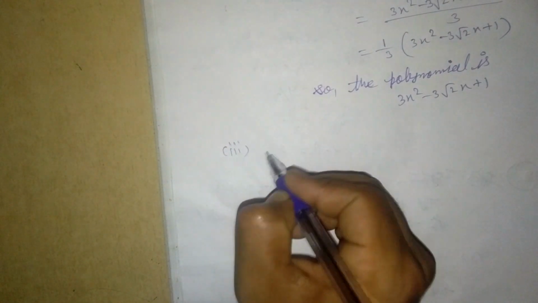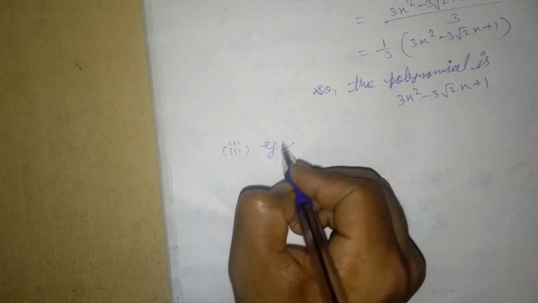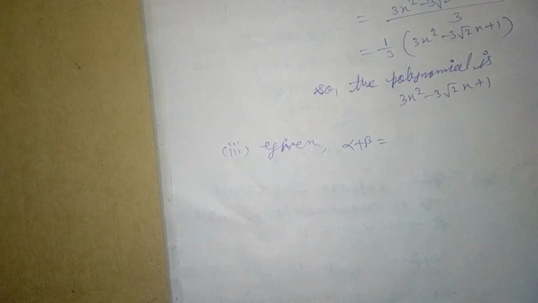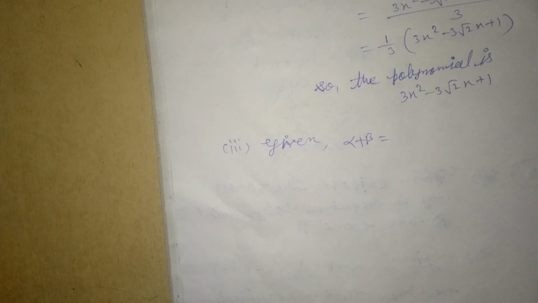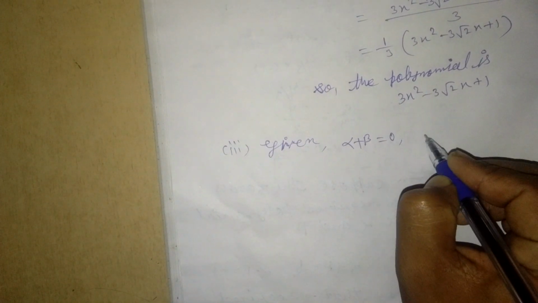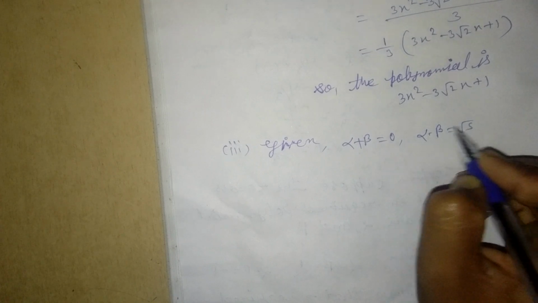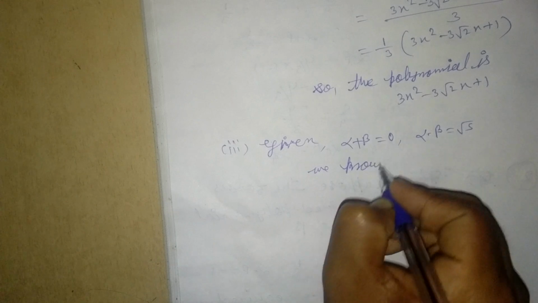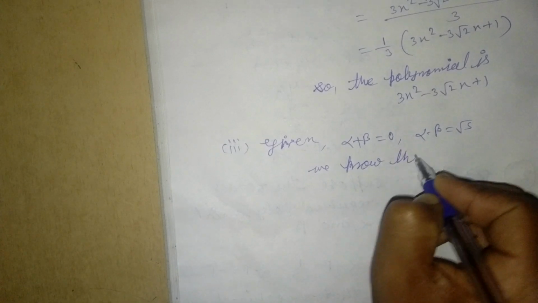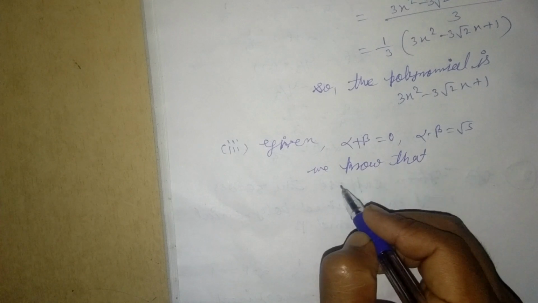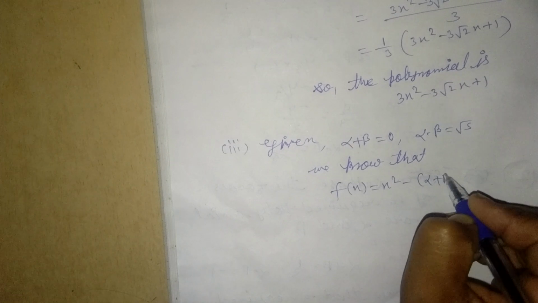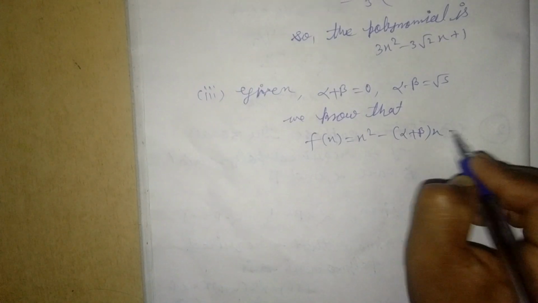Third question. In the third question you are given alpha plus beta is equal to 0 and alpha into beta is equal to under root 5. So we know that for making a quadratic polynomial, when the sum of the zeros and the product of the zeros are given, f(x) is equal to x square minus (alpha plus beta) x plus alpha beta.